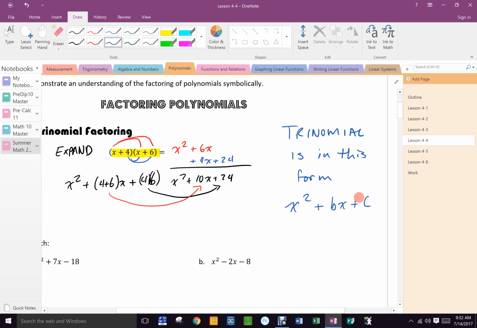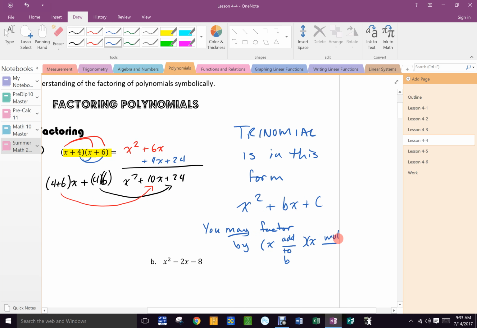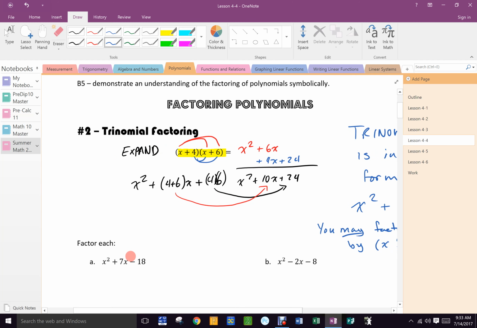If it is in this form, you may factor by going x and then this number and this number have to add to b and they have to multiply to c. Everybody cool?